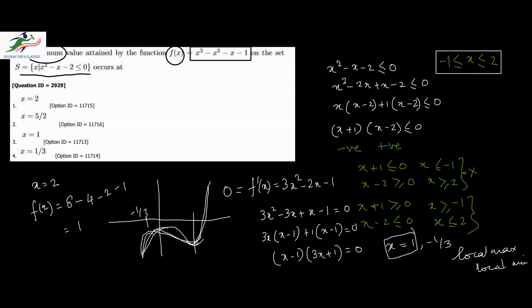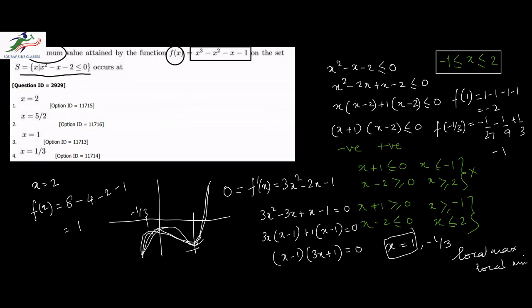So you notice that at minus 1/3, the value of the function will be negative. f of minus 1/3 will be negative because this will be minus 1 by 27 minus 1 by 9 plus 1 by 3 minus 1. So this will be a negative value, and f of 1 would be 1 minus 1 minus 1 minus 1, which is equal to minus 2.